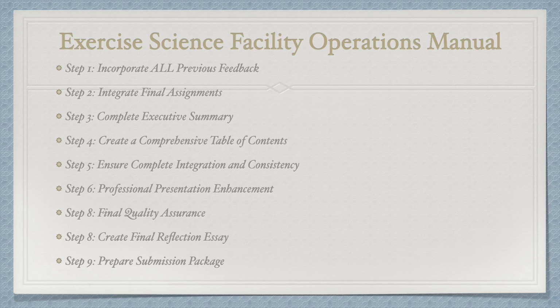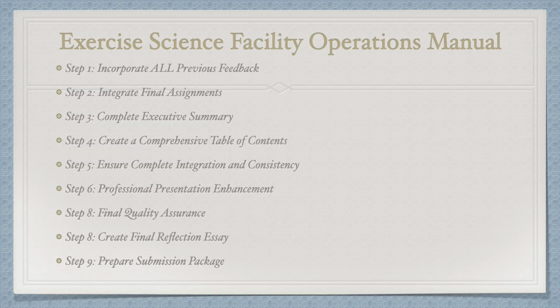You can read that on your own. Graphics and visual elements. Make sure that everything looks professional again. It's clear. We've got quality here. This should be a reflection of all the hard work you've been doing this semester. Appendix organization. Make sure that it's clearly labeled. Forms are easy to read, and professional appearance throughout.